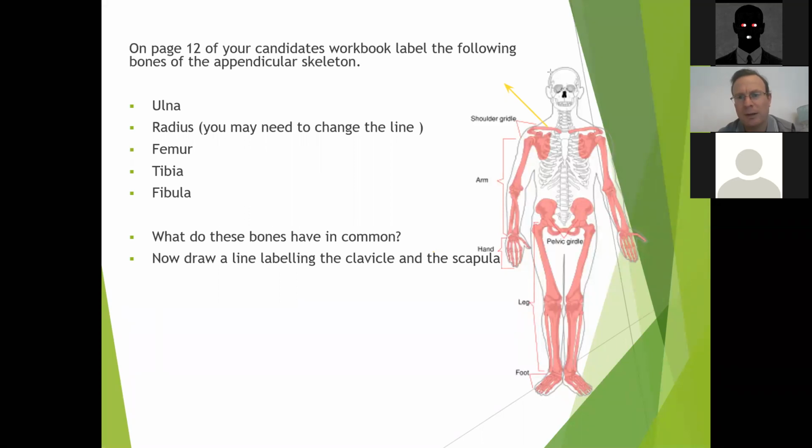Hang on, let me just clear that. So yeah, look a bit more like this. Okay, so you can do that, and then just put a text box saying clavicle, and then your scapula, you're going to need to show in there where it's going. Okay, so just draw a line labeling your clavicle and scapula.